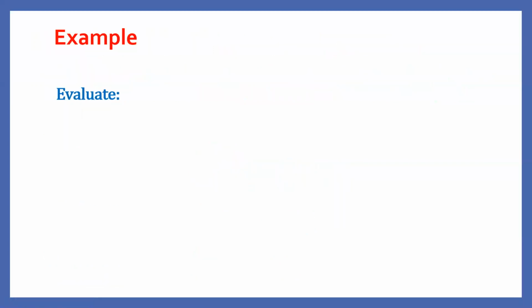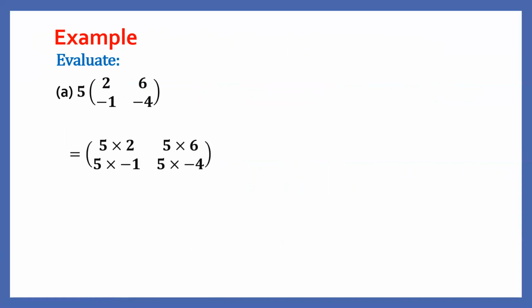We now consider this example. Evaluate part A, 5 times the matrix 2, 6, negative 1, negative 4. This means that I need to multiply each element by 5, which will give me 10, 30, negative 5, and negative 20.